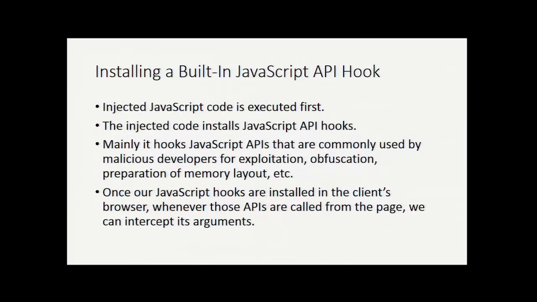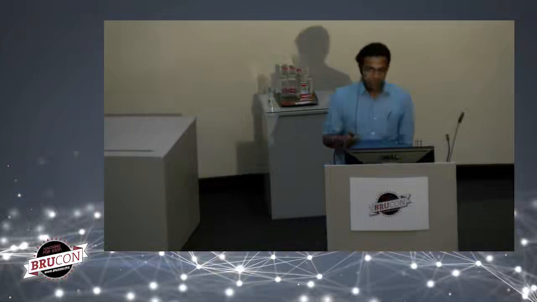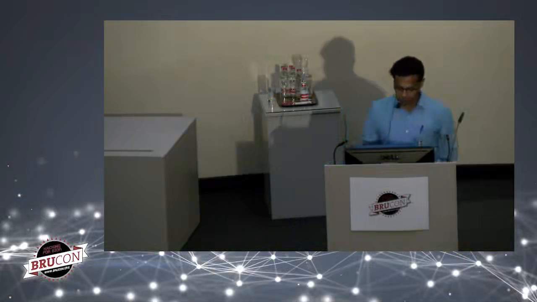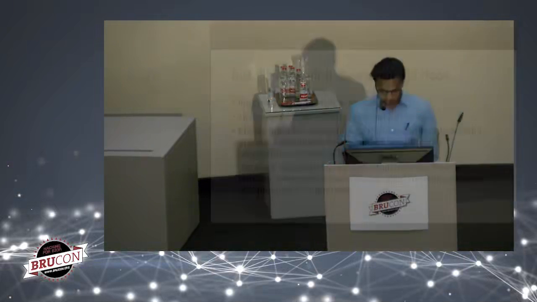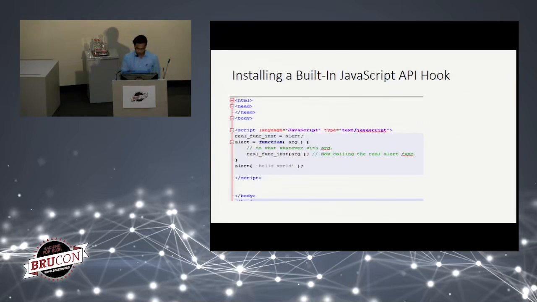It mainly hooks JavaScript APIs that are commonly used by browser exploit developers for obfuscation and exploitation and different things. Once the JavaScript API hooks are installed, whenever these APIs are called from the normal page, we'll be able to intercept them and check whether any suspicious behavior is detected or not.